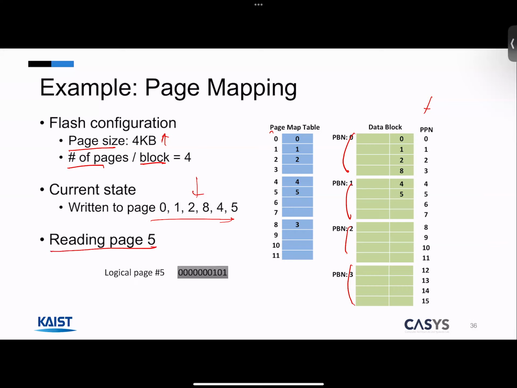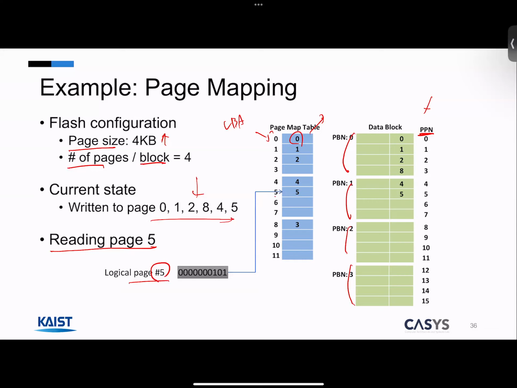Let's say the host wants to read page number 5. It first goes to the mapping table. These are the LBAs, and these are the actual physical page locations, the PPN. This 5 is the LBA location.